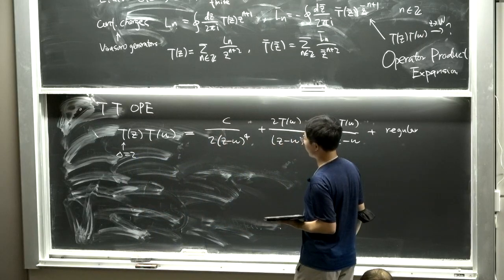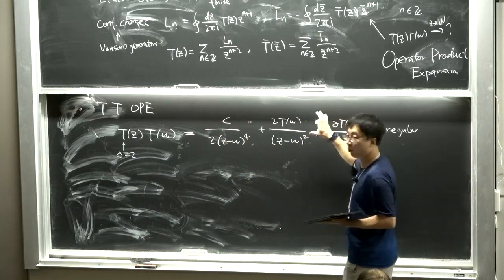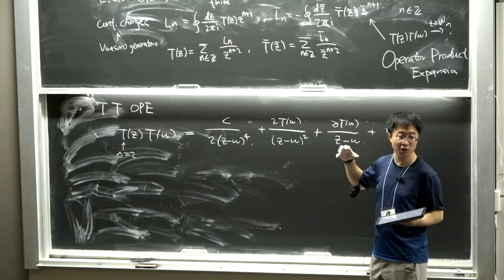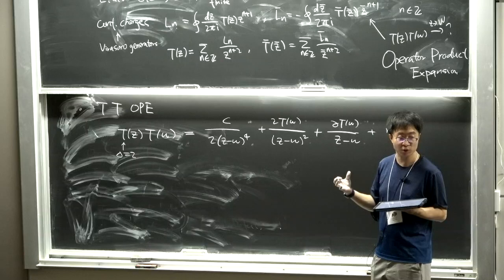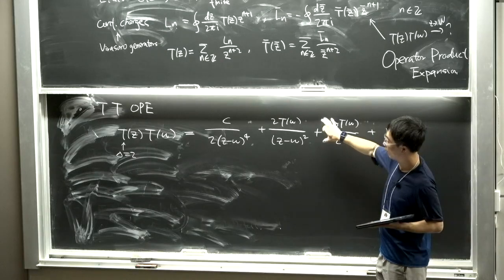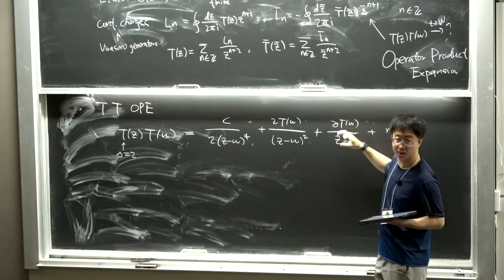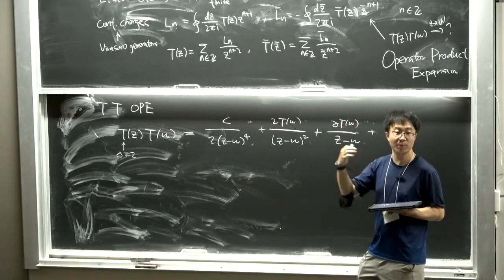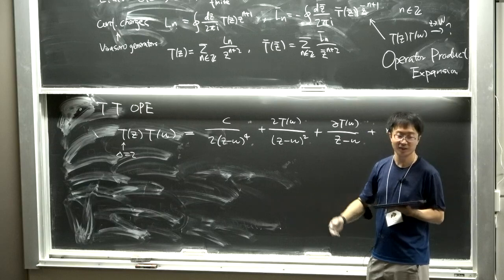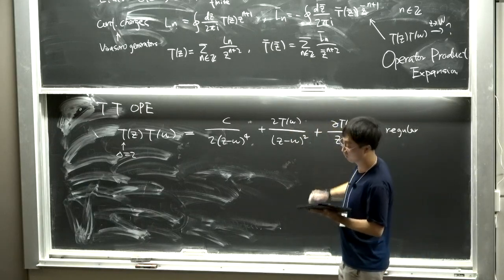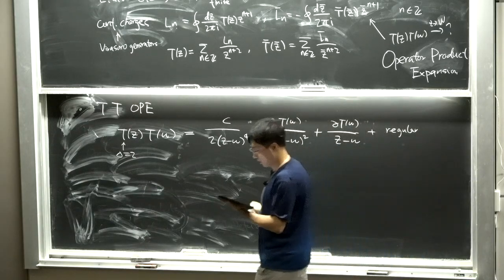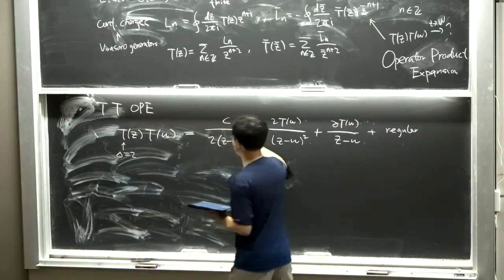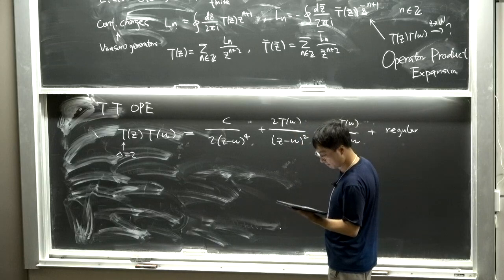I've also used the fact that no other operators should appear in the TT OPE. That is necessary to ensure the closure of the conformal symmetry algebra. If other holomorphic operators showed up on the right-hand side, then implementing consecutive conformal symmetries could generate some other symmetry, and that's not possible from the conformal algebra. With this information, you can already deduce the form of the right-hand side.